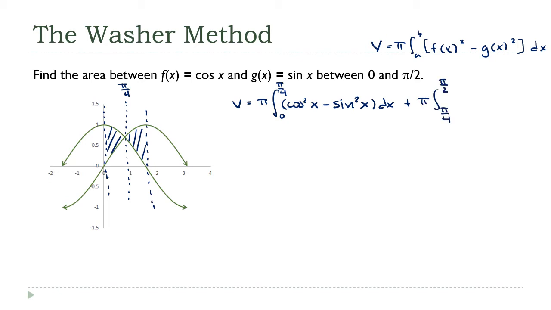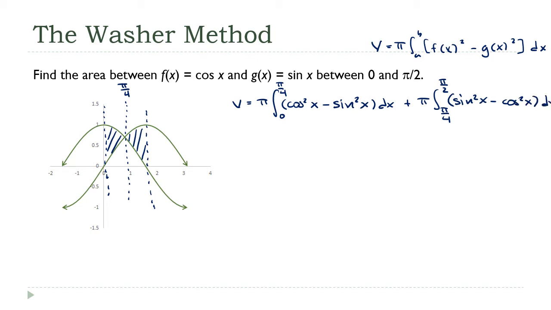And now we have to do it the other way around, right? Because in that right-hand section, the sine function is on top. So it'll be sine squared x minus cosine squared x dx.